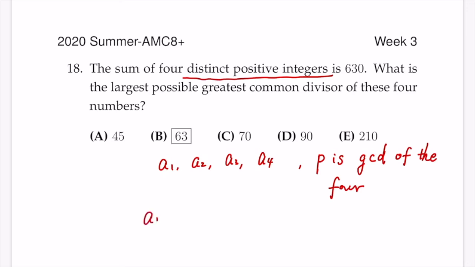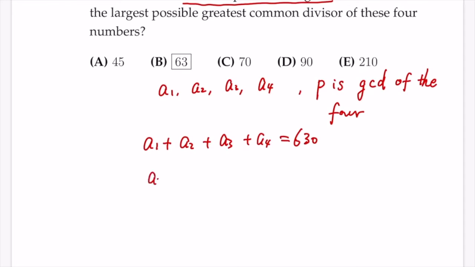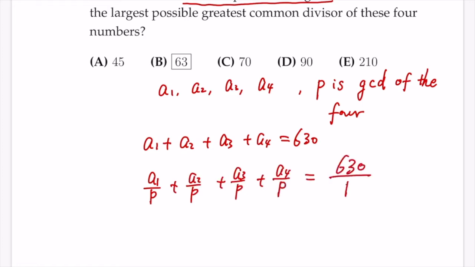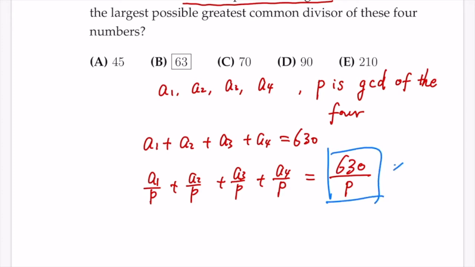Therefore, A1 plus A2 plus A3 plus A4 is equal to 630. Dividing by P on both sides, the right-hand side is 630 over P. Since P is the greatest common divisor, this right-hand side would be an integer.